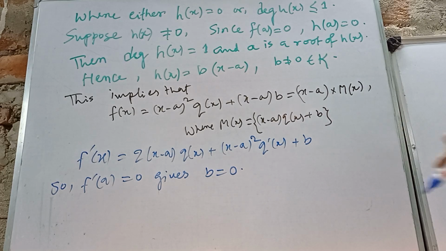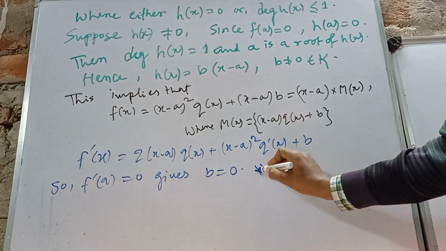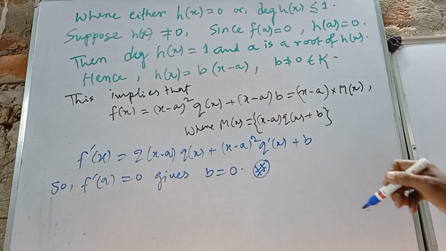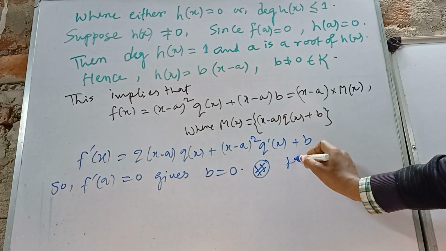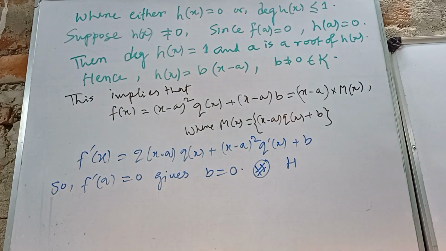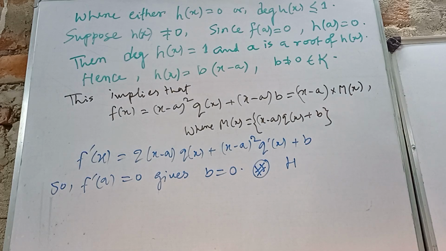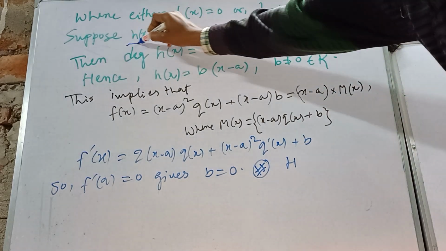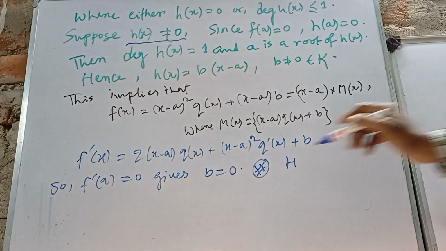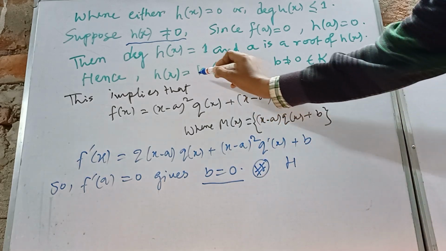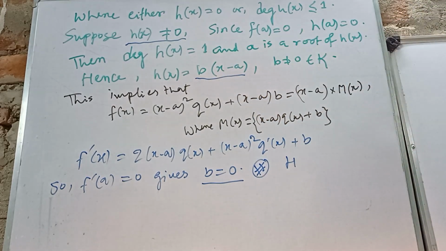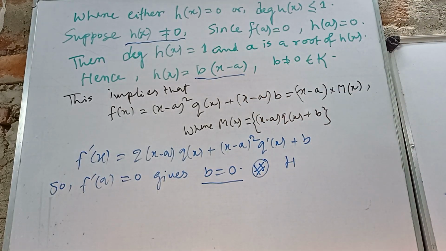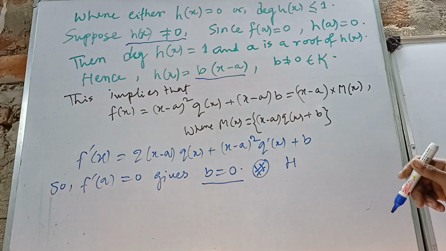So what we get? We get a contradiction. That means h(x) equal to 0. We also suppose h(x) not equal to 0 and find h(x) equal to b multiplied by (x minus a), and here b equal to 0, then h(x) equal to 0.